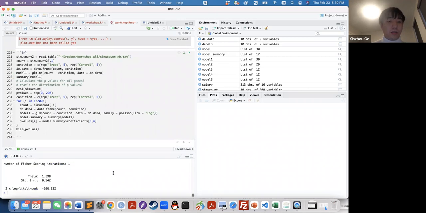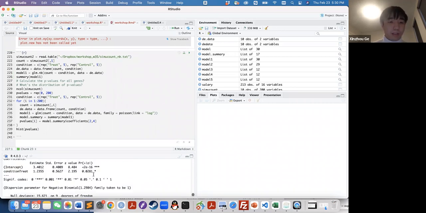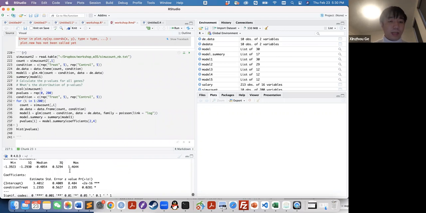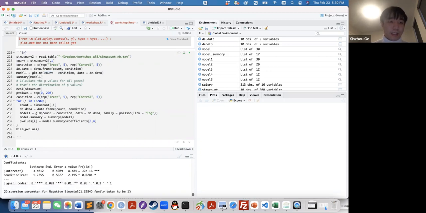Okay, so for the first gene, we have done the test. We will try to use condition as a predictor to predict count to see whether count is related to condition. And after the regression, we can see that the p-value for this gene is 0.02, which is smaller than 0.05. So we get a significant result, and we will say that this gene is a DE gene from the negative binomial regression.